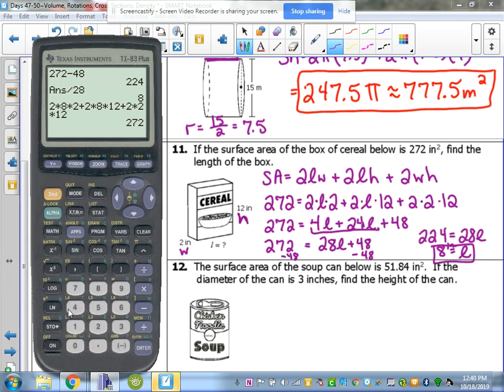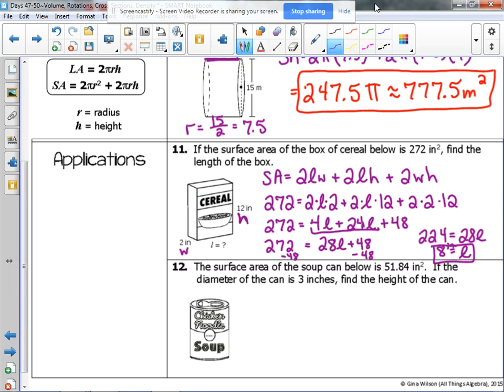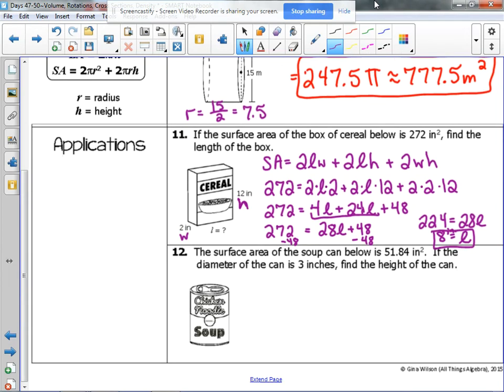Now, I keep on doing that and emphasizing that because if this is a multiple choice question and you have the equation, all you got to do is plug in the possible dimensions and see which one gives you the right surface area. There is absolutely no reason why you should miss that problem if it's multiple choice. No reason.